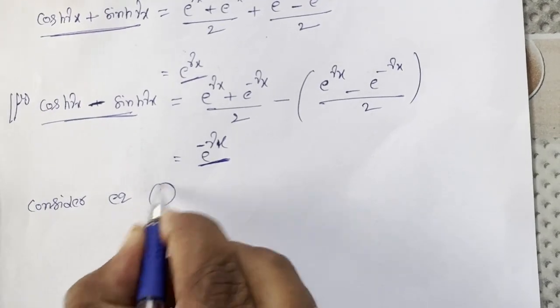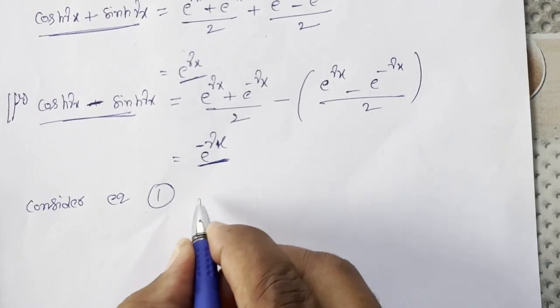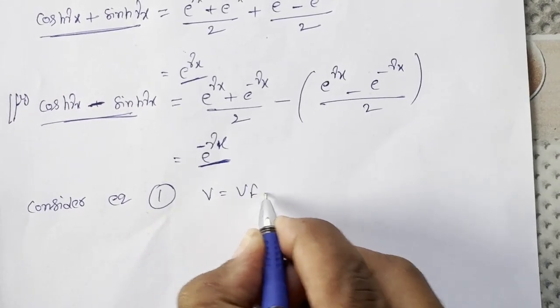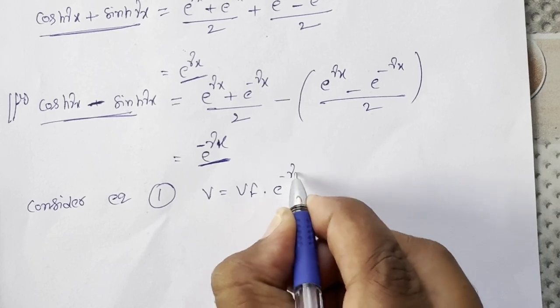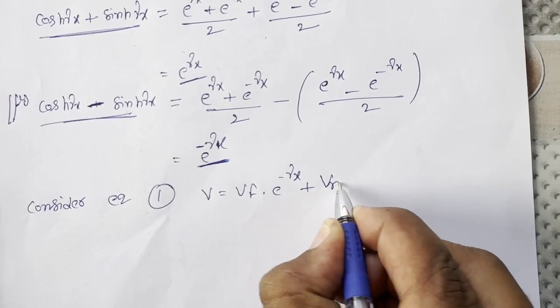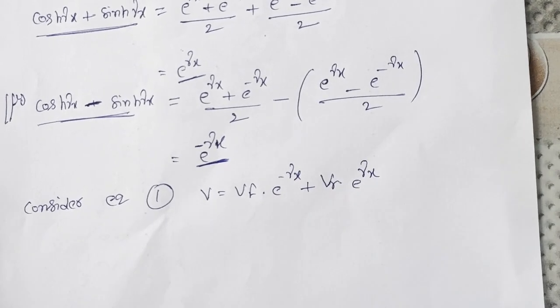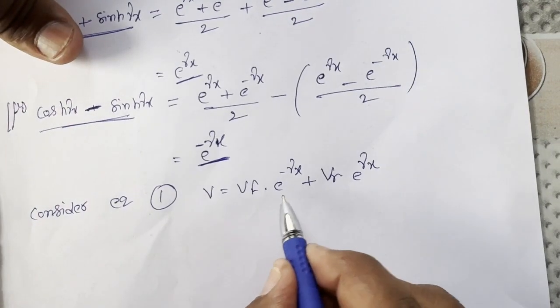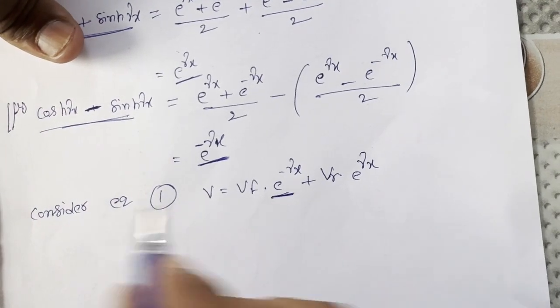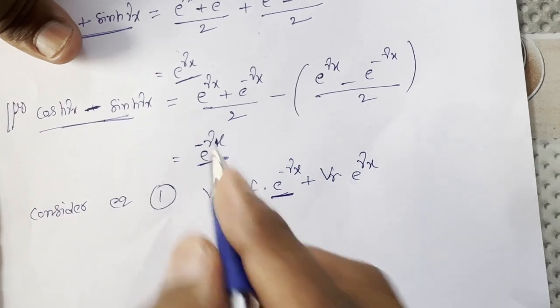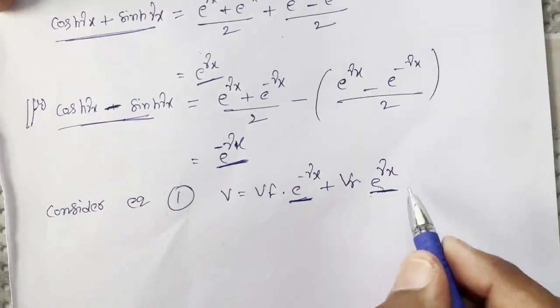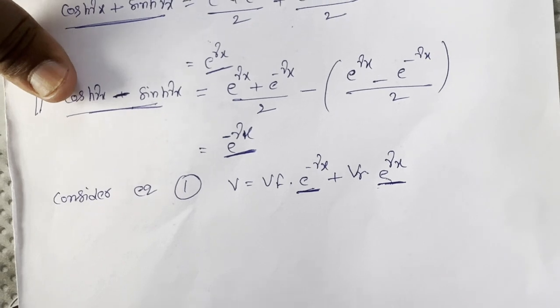From equation 1 we have V equal to Vf into e power minus gamma x plus Vr into e power gamma x. It is equation 1. Now instead of e power minus gamma x I am substituting this value, and instead of e power gamma x I am substituting this value.